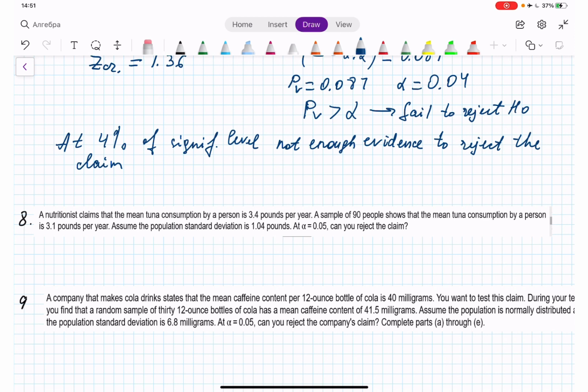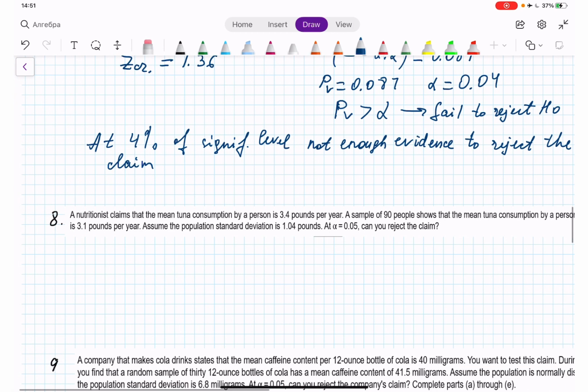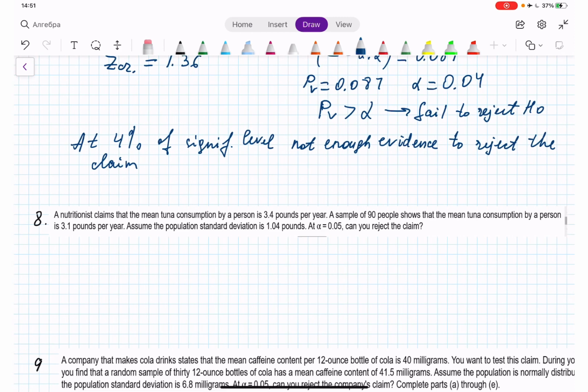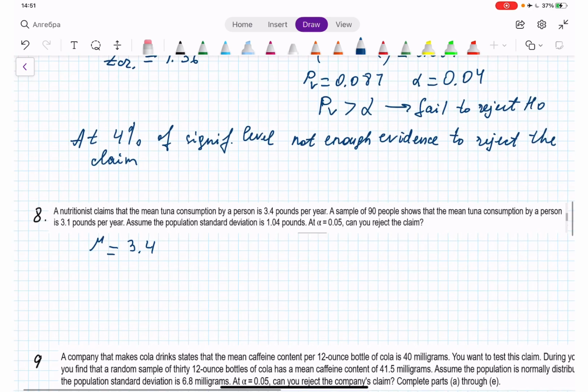A nutritionist claims that mean tuna consumption by a person is 3.4 pounds per year. Okay, so mu is 3.4 pounds per year. A sample of 90 people, so that's going to be the sample size, shows that mean tuna consumption by a person is 3.1 pounds.